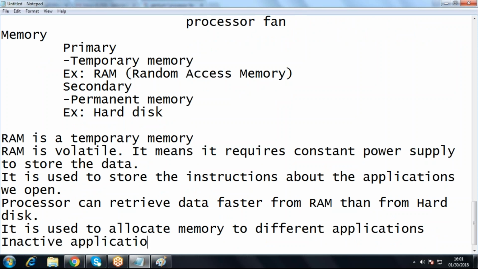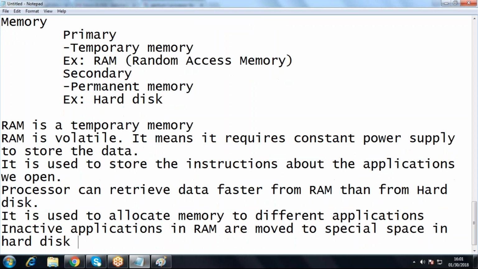Inactive applications in RAM are moved to a special space in the hard disk called the page file.